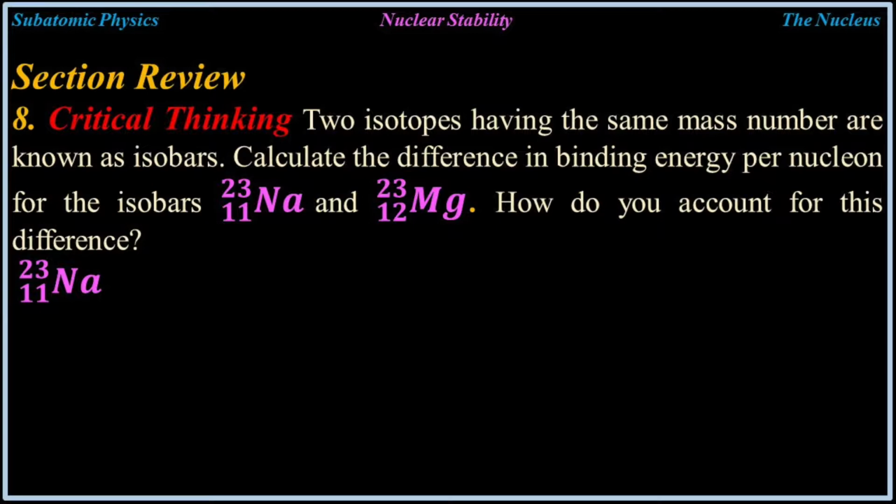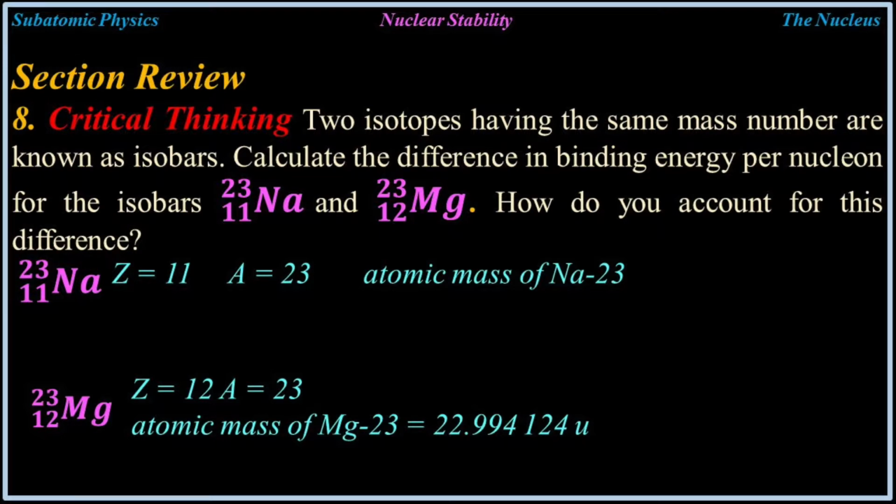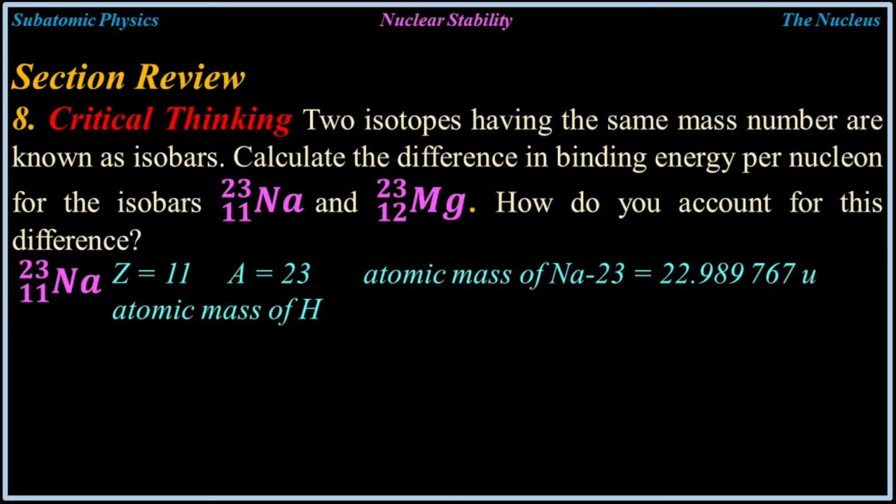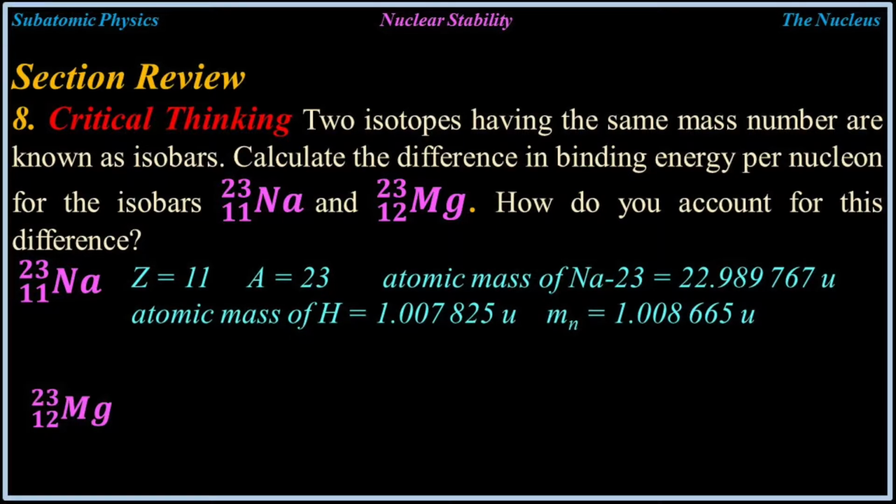All right, let's start with sodium and run through it, and then we'll do magnesium. It says calculate the difference in binding energies per nucleon for the isobars. So here is Z and the A and the atomic mass. Here's the atomic mass of hydrogen, right on track. Here's the Mn. Here is magnesium-23.